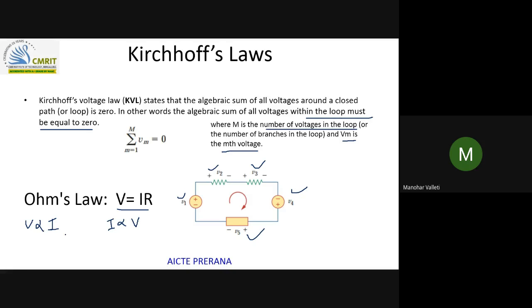See, in the mathematics here, V is proportional to I means which one is independent? I is independent here. If current is there, then only voltage will be there. But I proportional to V means if voltage is there, then only current will be there. So in equation 1, current is independent. In equation 2, voltage is independent. How come you say both equations are same?